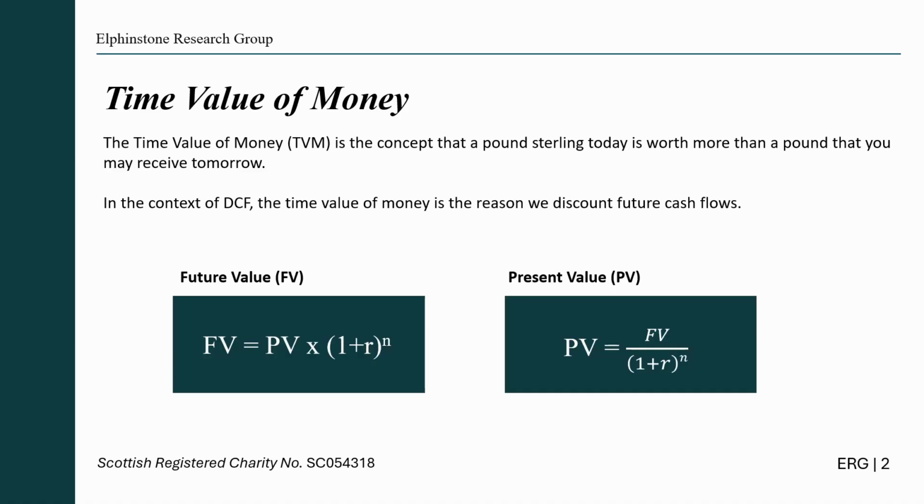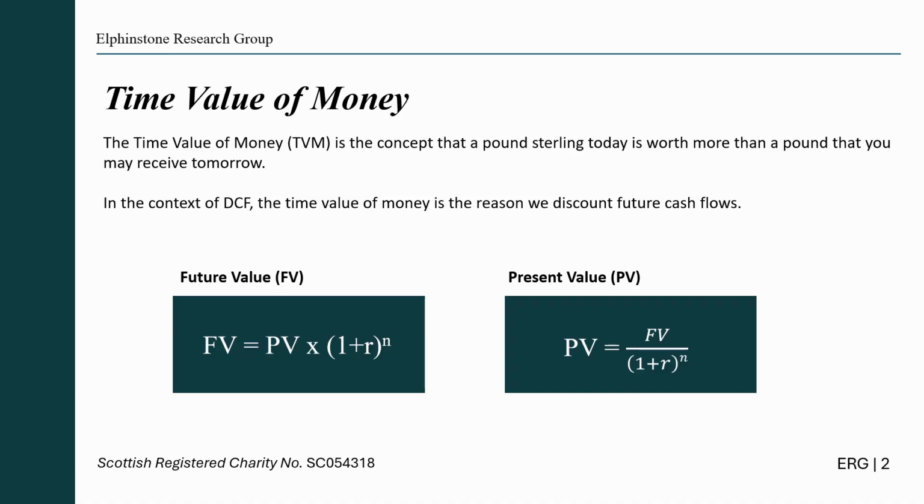The time value of money is the concept that a pound sterling today is worth more than a pound you may receive tomorrow. In the context of DCF, the time value of money is the reason we discount future cash flows. We have two formulas for this, starting with future value, and that is how much will the money grow into, and that is represented by the formula present value times the discount factor.